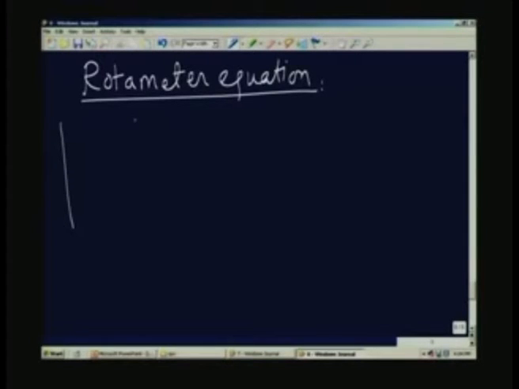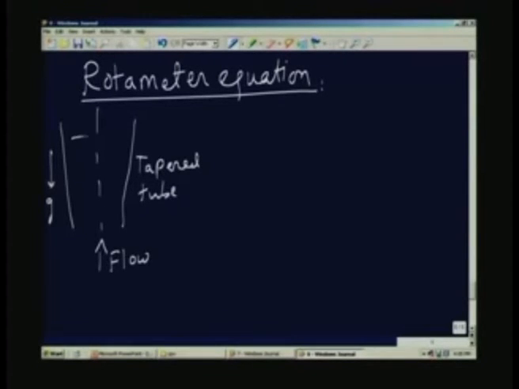This is the tapered tube, and let us say this is the axis, and the gravity force is acting in the downward direction like this. The flow is taking place from below, and here is the bob.